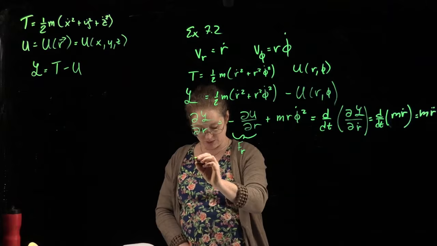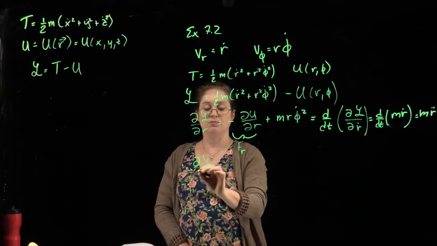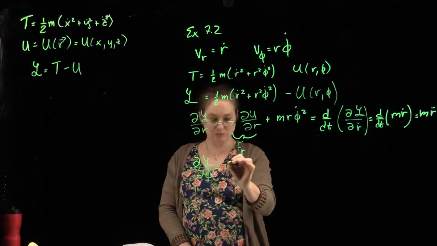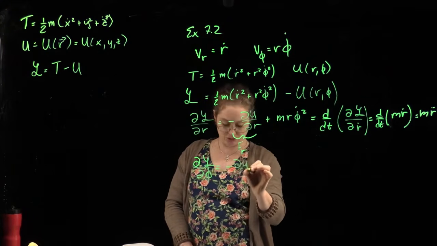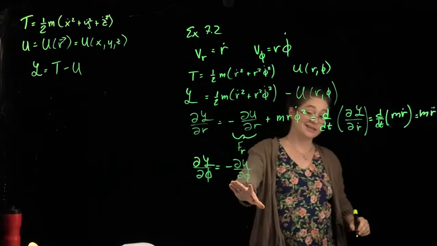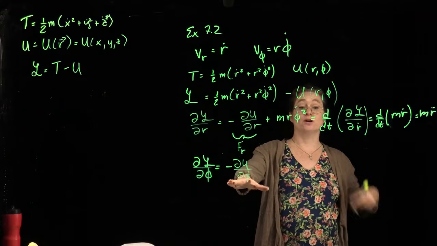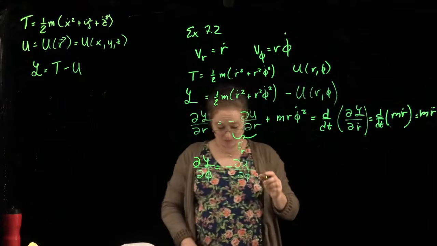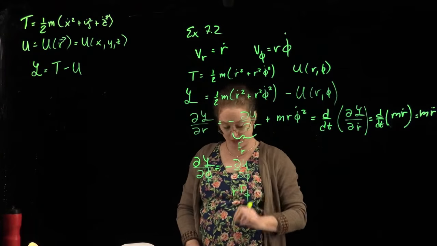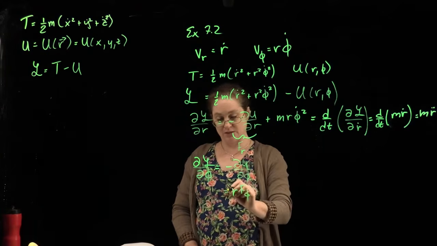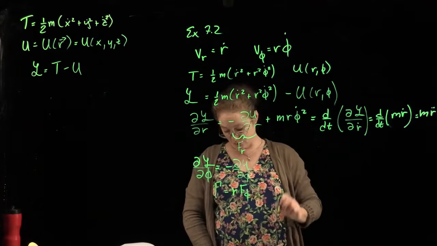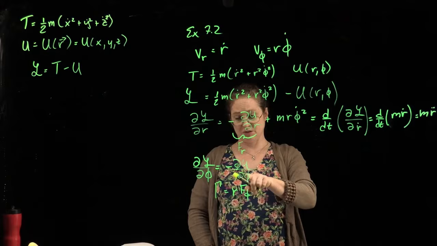Then partial L partial phi is negative partial U partial phi. Now this has units of energy, or of force times distance. We will call this r F_phi, and this is equal to the torque due to whatever force is creating this potential.